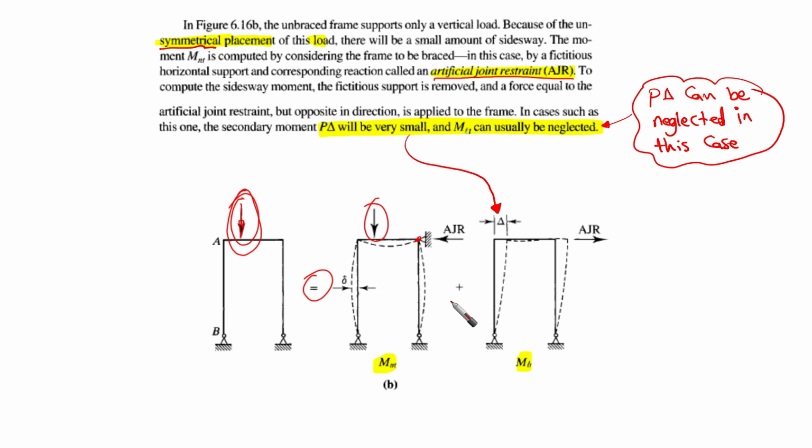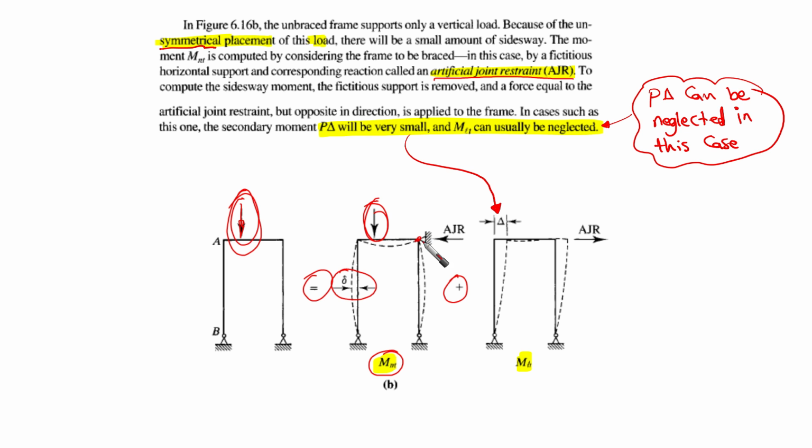Then the delta that takes place here is small p delta. This is MNT in this case. Plus another system where we remove these gravity loads and remove this support.